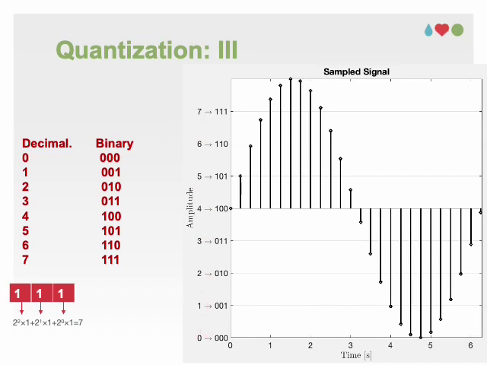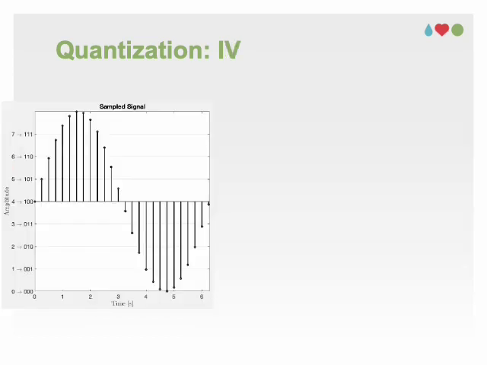We are now in the last step for quantizing our signal. The last step is about rounding each instantaneous value, because now we are continuous in the vertical axis. Rounding each instantaneous value of the sampled signal is done to its closest level. For example, this is one of the sampled values.